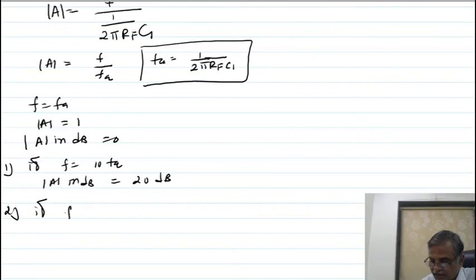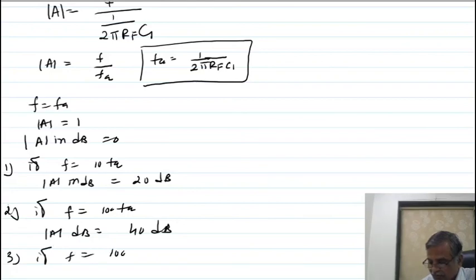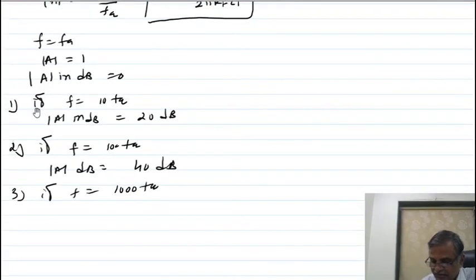If f is equal to 100 Fa, then gain in dB is 40 dB. If f is equal to 1000 Fa, then gain in dB is 60 dB.